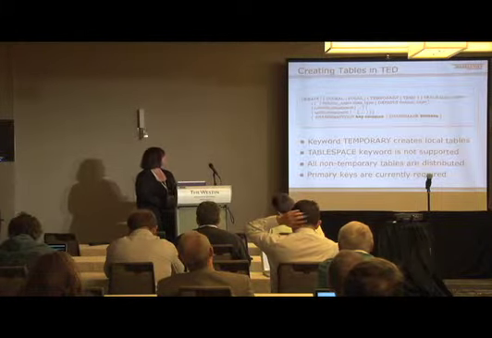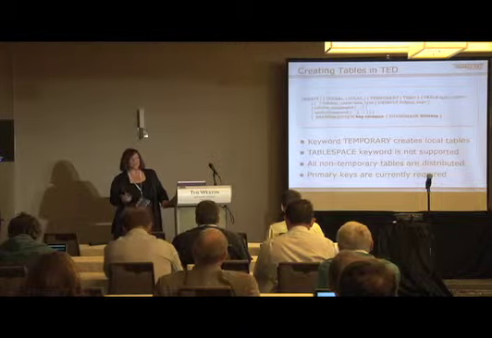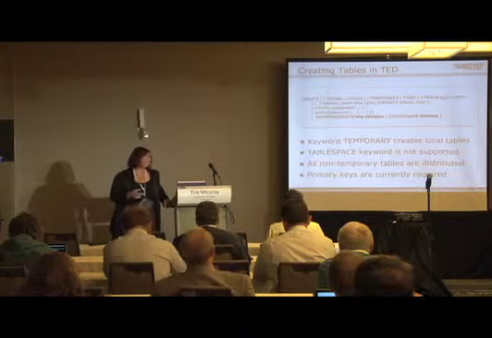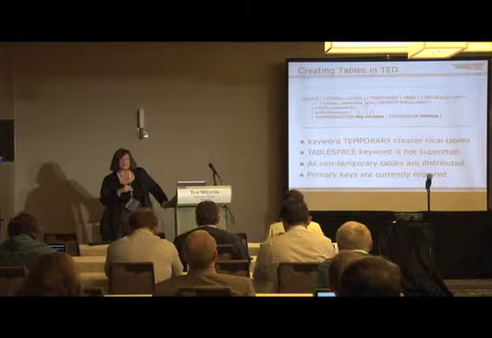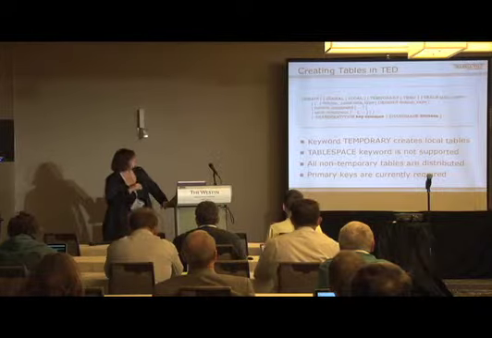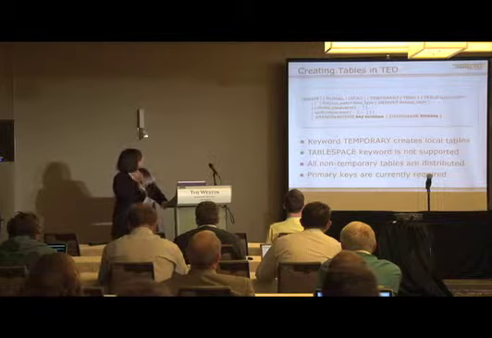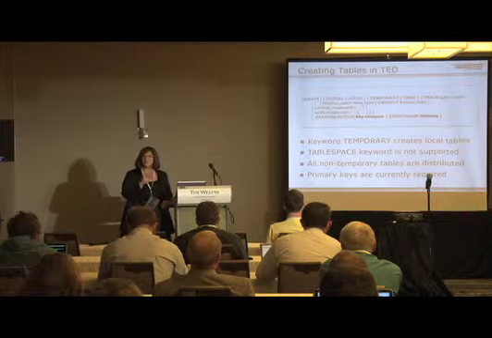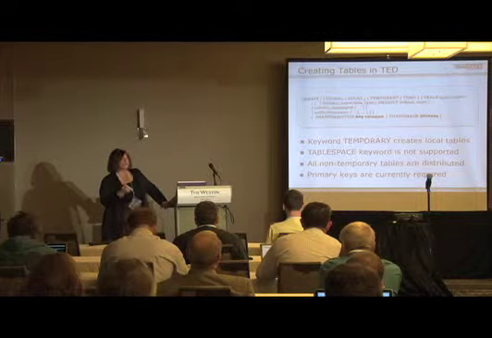Okay, so how do I do this? We've added a partitioning clause to the create table. And this is the only change that we've made syntactically to the Postgres syntax. This may go away eventually when we figure out ways to more automate this. We added two keywords, shard partition and shard mask.